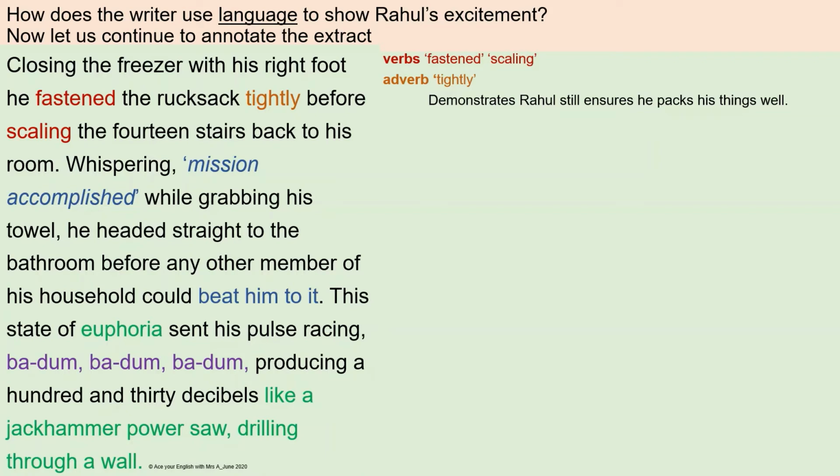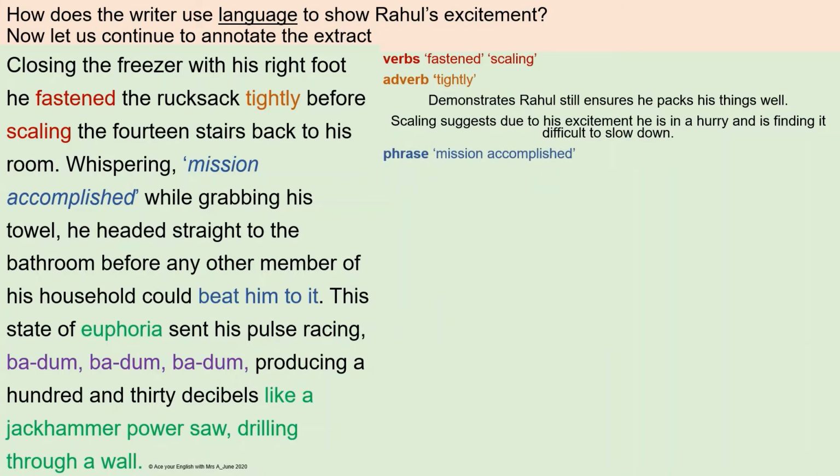So it demonstrates Rahul still ensures he packs his things well. Yes, they go there. I mean, scaling, of course, still shows his excitement and then putting everything in order. So even though he's in a hurry, he still makes sure he gets all what he needs properly done. And then I've explained that scaling again suggests his excitement, and he's finding it difficult to slow down.